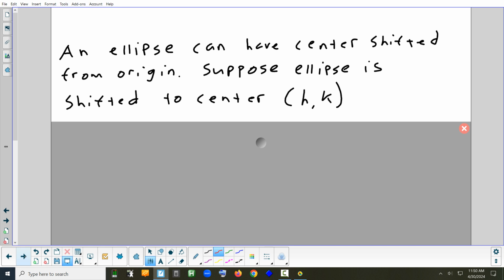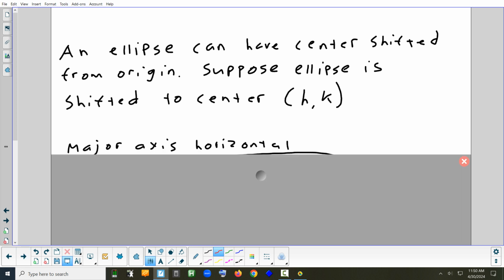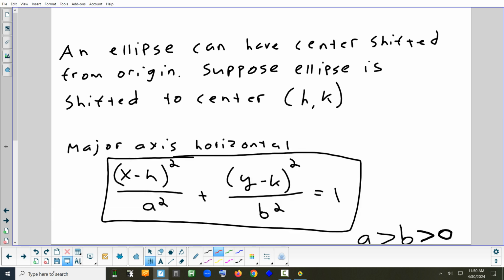All right, so now let's suppose that the center is shifted. We can use the exact same formulas. All we have to do is change it to have an x minus h and a y minus k. So when the major axis is horizontal, this is what you had before. You had x squared over a squared, y squared over b squared equals 1.